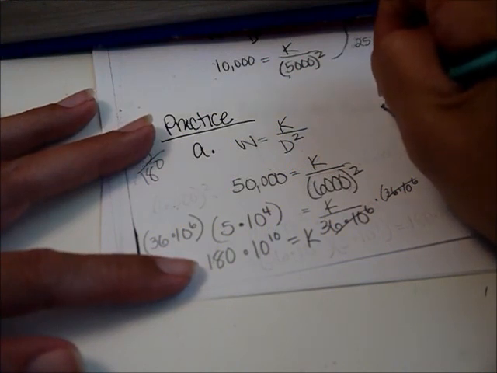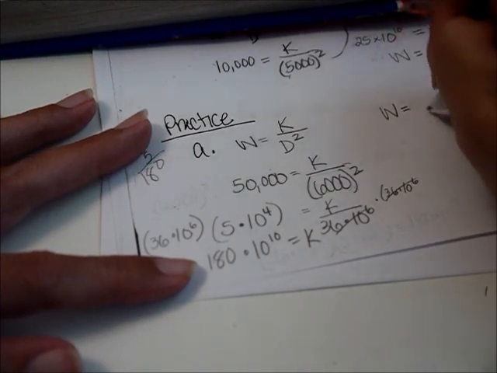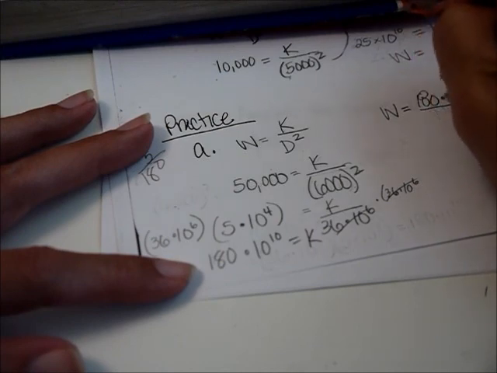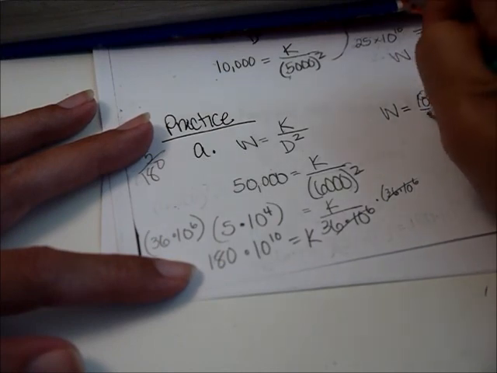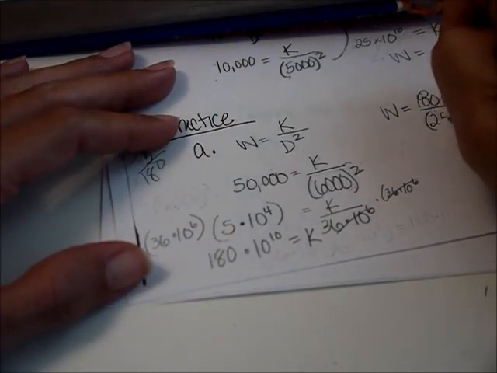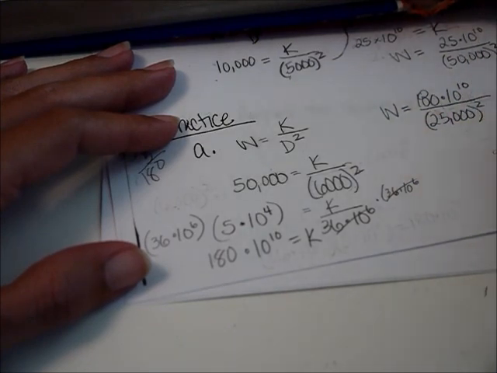We're going to read the next sentence. It says, what's it going to weigh if it is 25,000 miles away? So take our k, 180 times 10 to the 10th, and we are 25,000 miles from Earth.